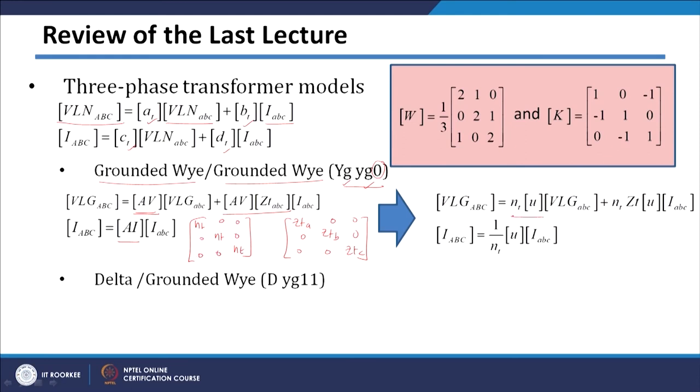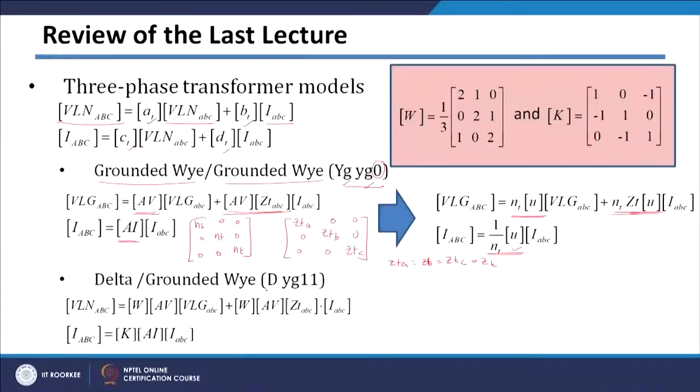In that case your AV will become NT multiplied by the unity matrix, and AV multiplied by ZT ABC will become NT multiplied by ZT. Here I am considering ZTA equal to ZTB equal to ZTC. So ZT will come out, and the unity matrix will remain here. Exactly the same thing we can apply for AI. AI is actually a matrix of 1 by NT in diagonal elements. So 1 by NT will come out, and it will be just the unity matrix.